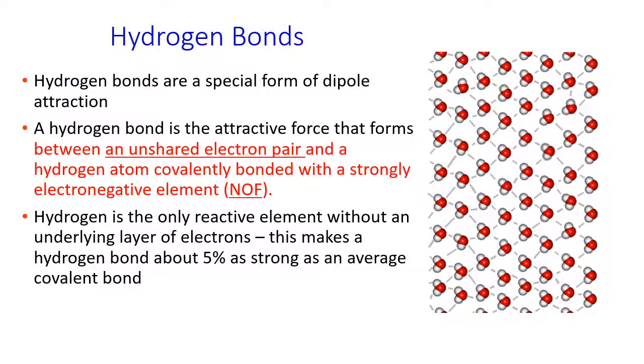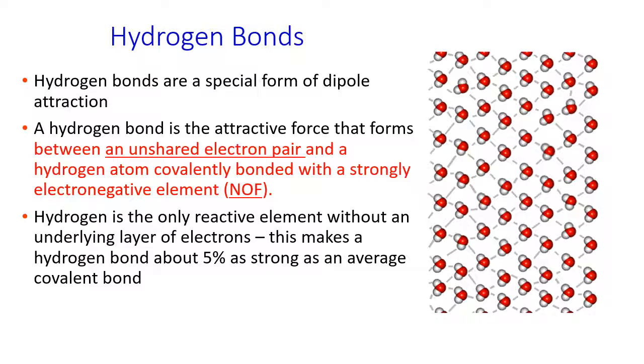Okay, so hydrogen bonds are a special case of dipole-dipole interactions and intermolecular bonding. A hydrogen bond is an attractive force that forms between an unshared electron pair and a hydrogen atom covalently bonded to a strongly electronegative element, in this case nitrogen, oxygen, or fluorine. Okay?